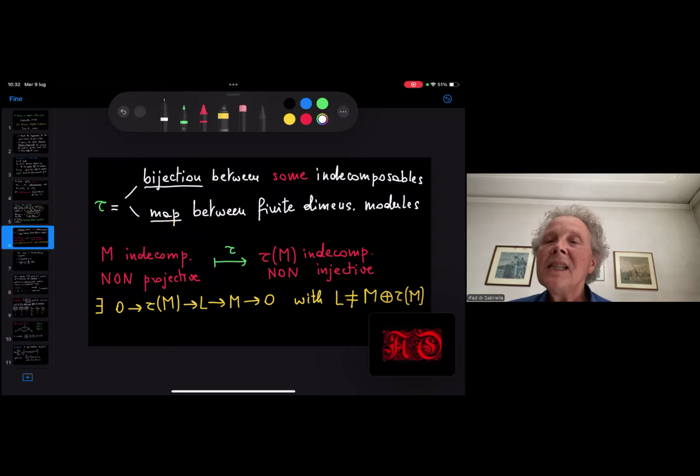If M is an indecomposable non-projective module, then tau sends M to an indecomposable non-injective module denoted by tau M. There is an important relationship between M and tau M because there is a short exact sequence which does not split, such that the first non-zero module on the left is tau M, while the last non-zero module on the right is the module M. And since the sequence does not split, in the middle we do not have the direct sum of M and tau M.